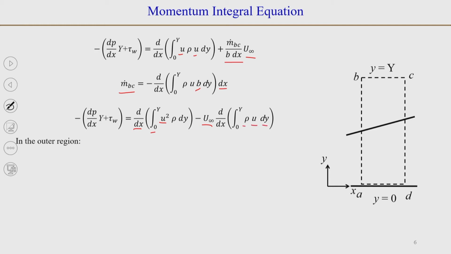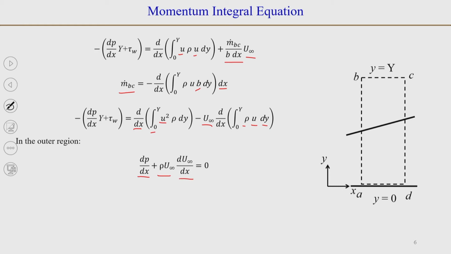Now, we can write down Bernoulli's theorem in the differential form from potential flow. We can write that in the outer region dp by dx, which is the pressure gradient along the x direction, plus rho u infinity d by dx of u infinity is equal to 0.